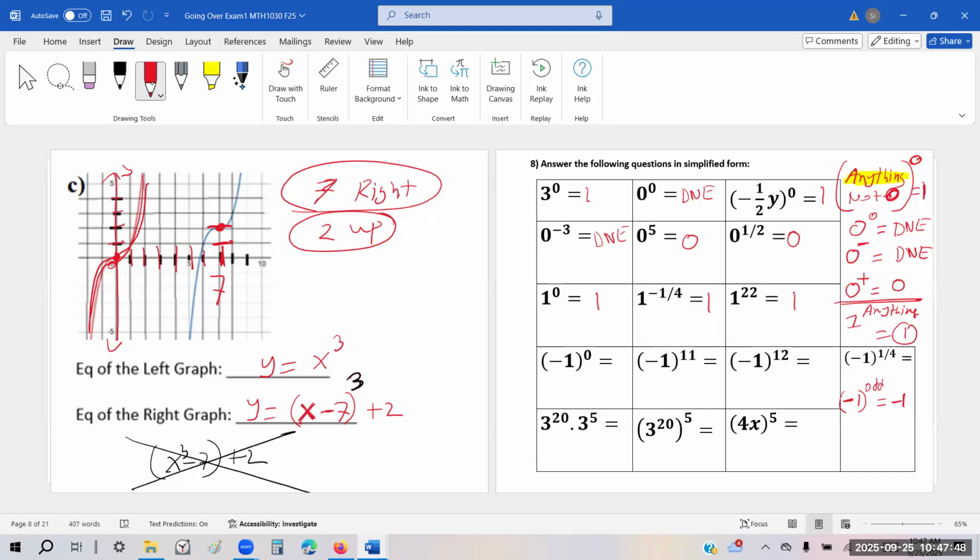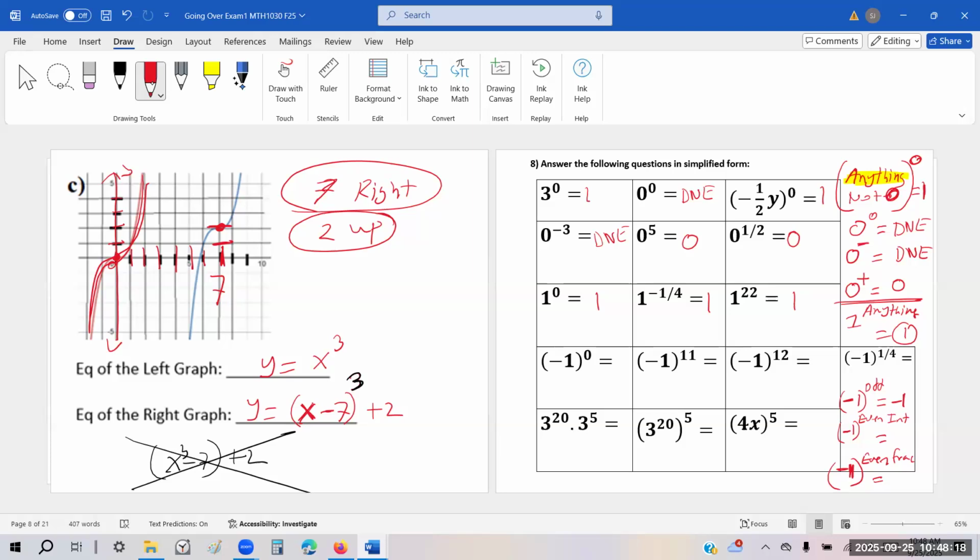And then we have 2 other choices. Either we have negative 1 to an even integer, meaning a whole number like 2, 4, 6, 8, or we have negative 1 to an even fraction. For even, we have to be careful. Is it an even integer, or an even fraction?